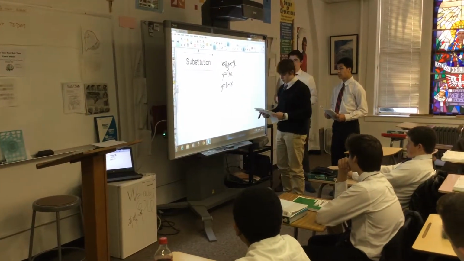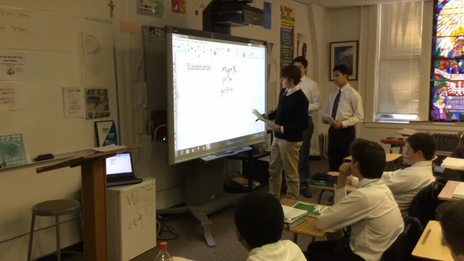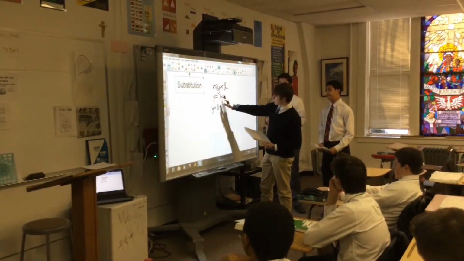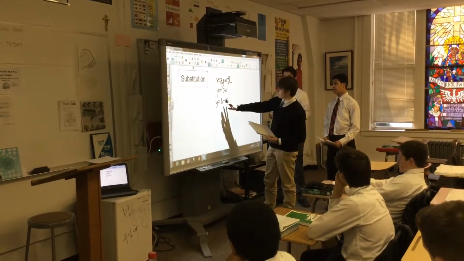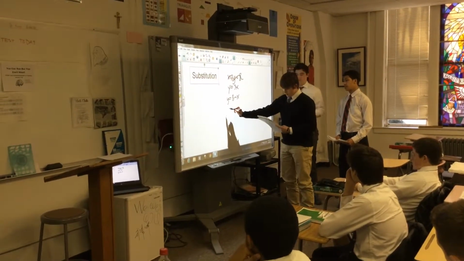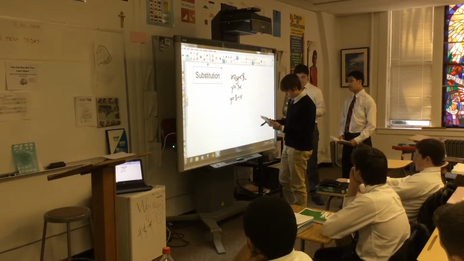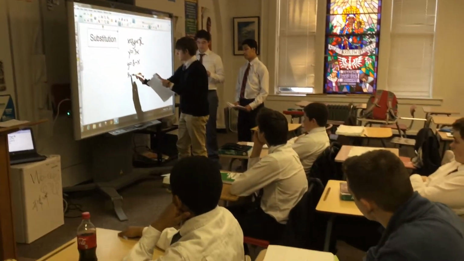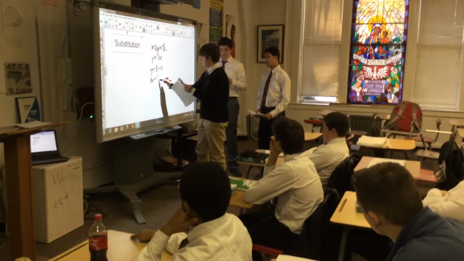That's not important anymore. Okay, so now you keep your two y's, and then you can take this 3x and put it here, or you can take this 8 minus x and put it there. So we'll go 3x equals 8 minus x.